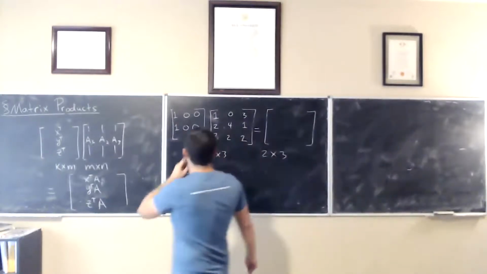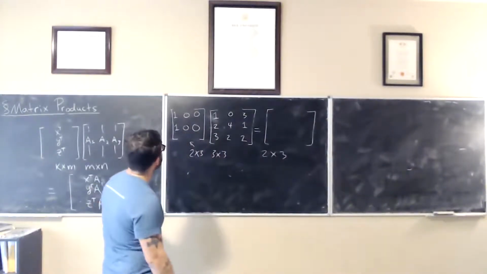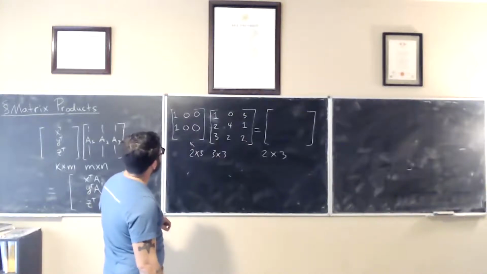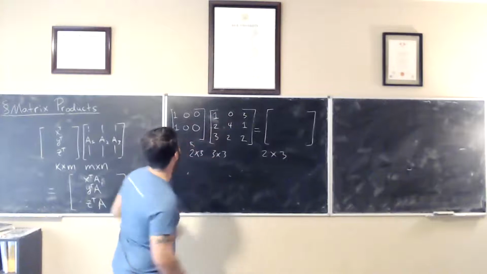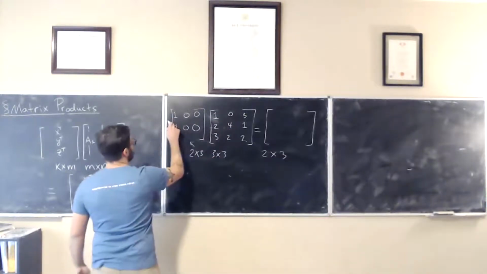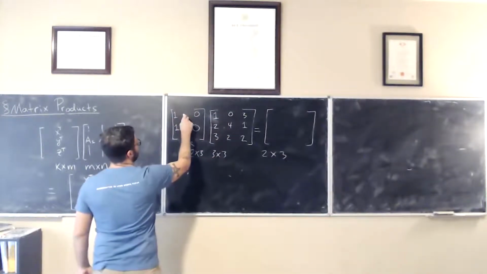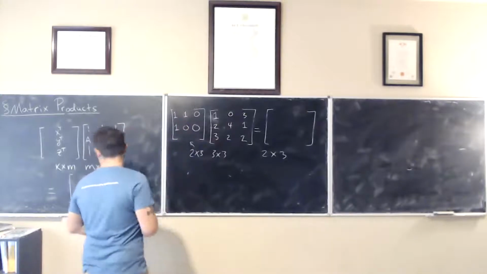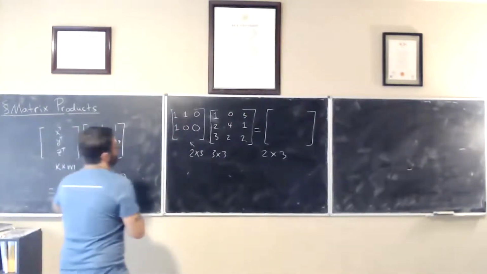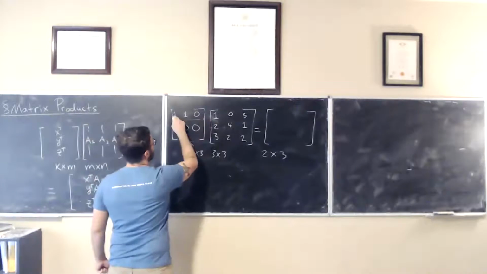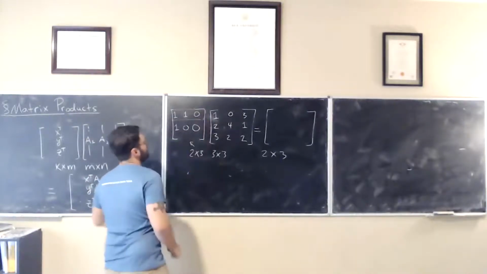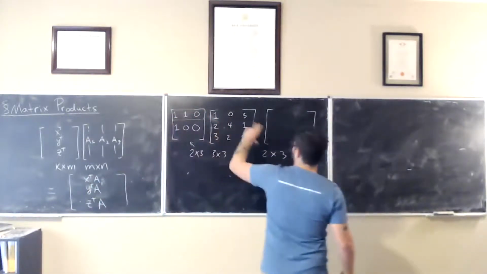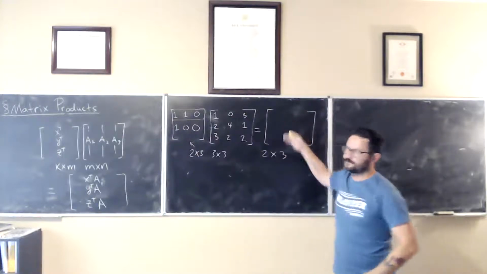So now let's think about this in terms of rows. When we perform row matrix multiplications, maybe I'll put a 1 right there as well. We're focusing in on this row right here, and that row times that matrix is somehow going to interplay over here.